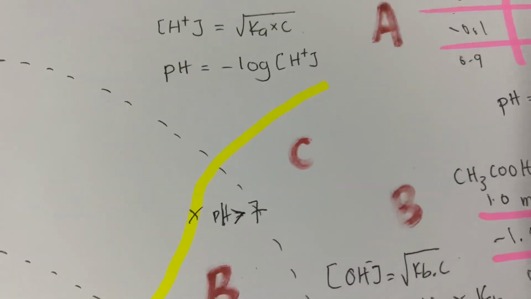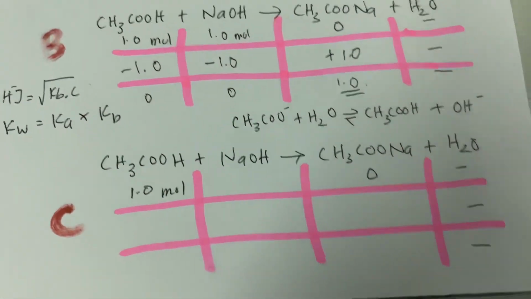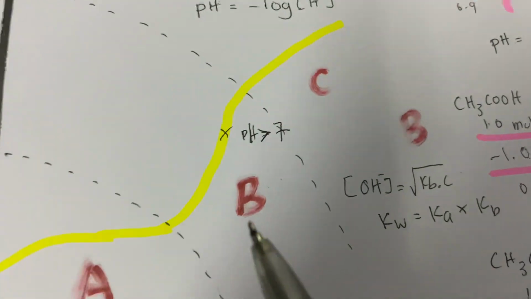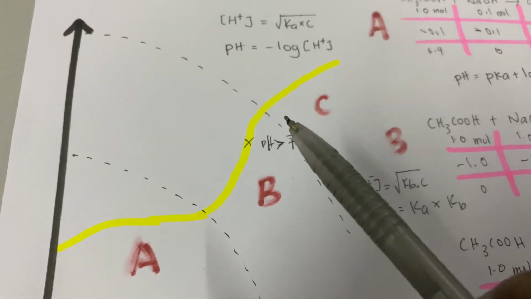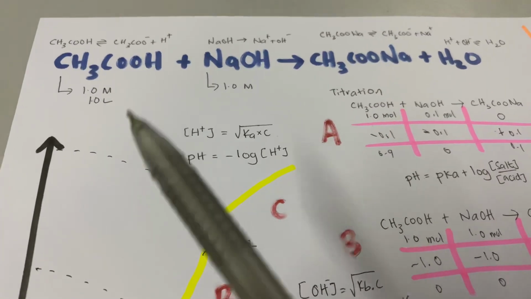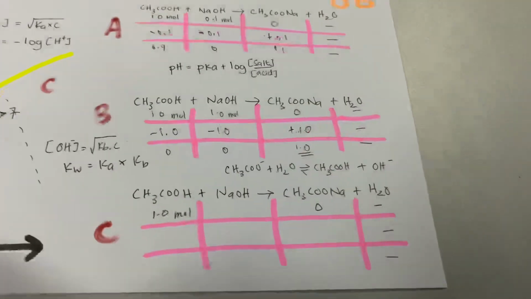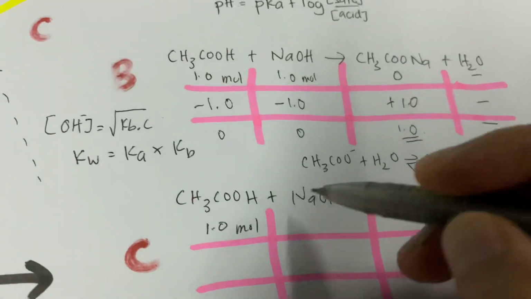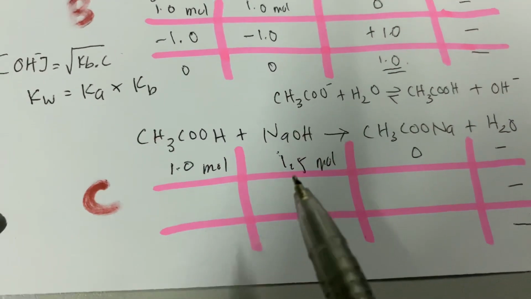Okay, so let's look at part C. This is the ICE table for part C. Again, for part C, same as the titration between strong acid and strong base, part C is when the base, NaOH, is more than the acid. The amount of OH minus ion is more than the acid. So what happened here? For example, this is 1 mole, and this is 1.5 mole.